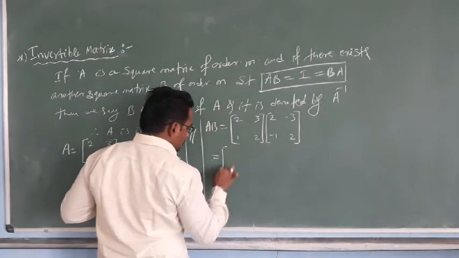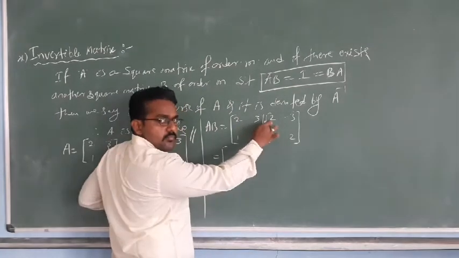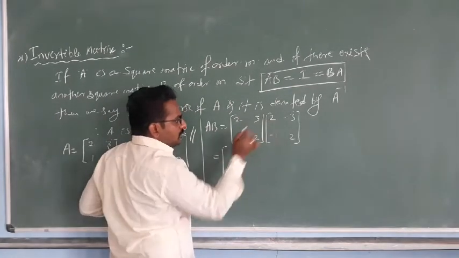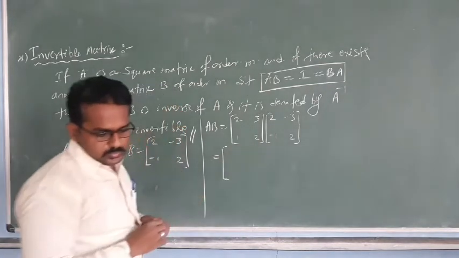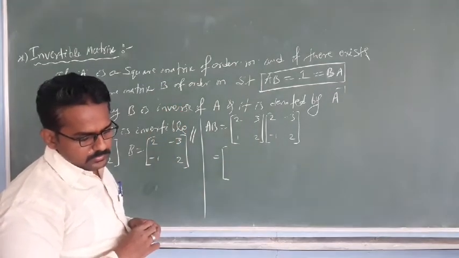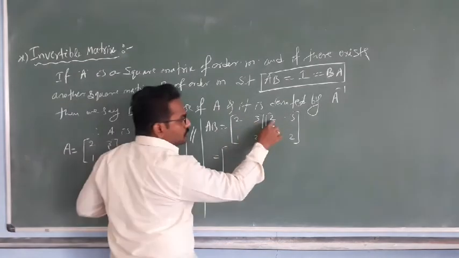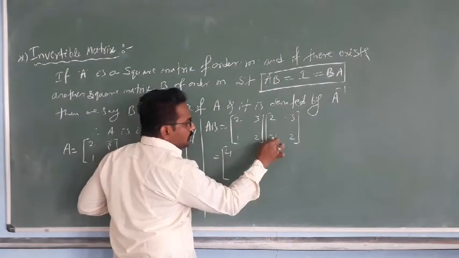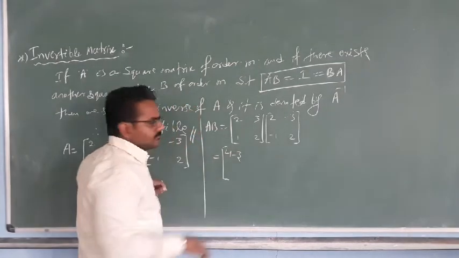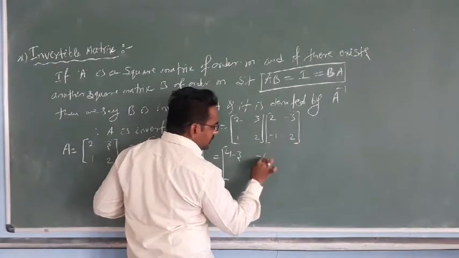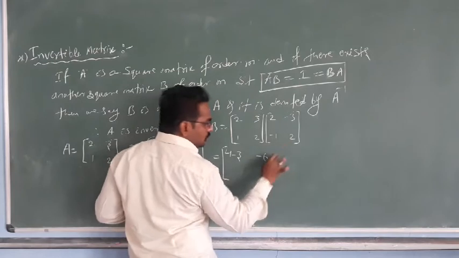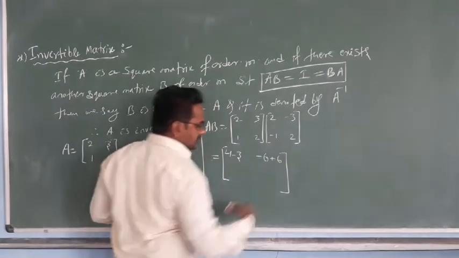So that equals 2 into 2, 4. 3 into minus 1, minus 3. 2 into minus 3, that is minus 6. 3 into 2, plus 6.